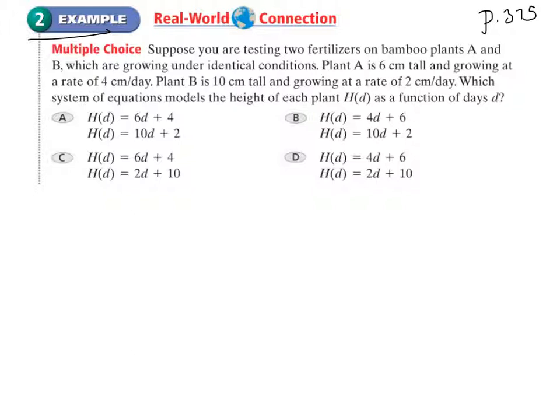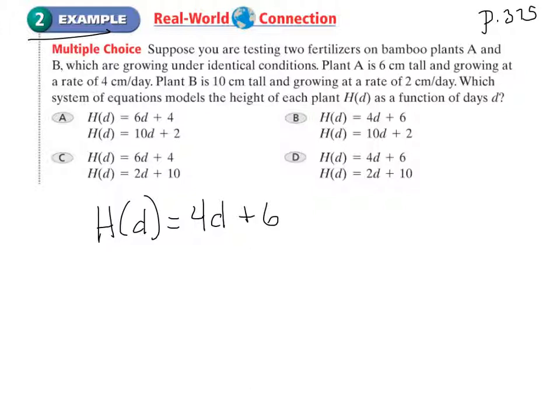Well, let's look. Plant A, h of d. Plant A is 6 centimeters tall and grows at a rate of 4 centimeters per day. Well, rate is slope, we know that. So 4 centimeters per day would be 4d, and then it was already 6 tall.